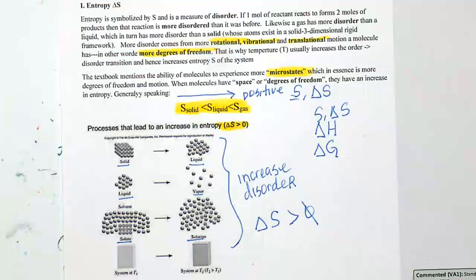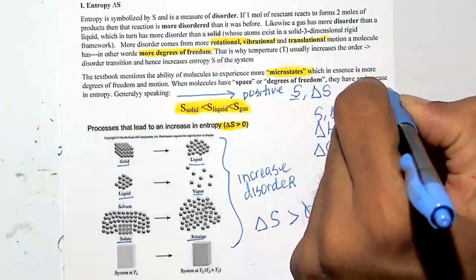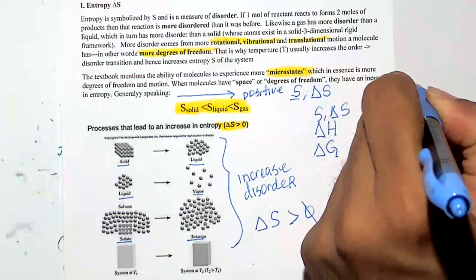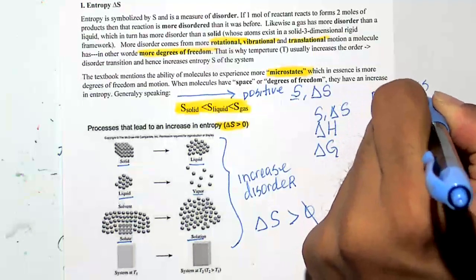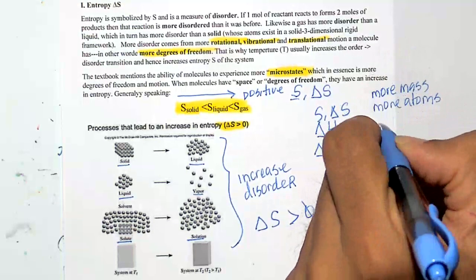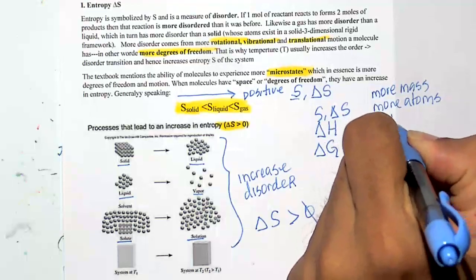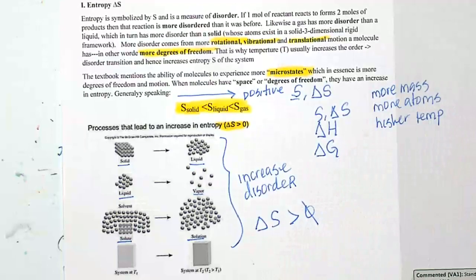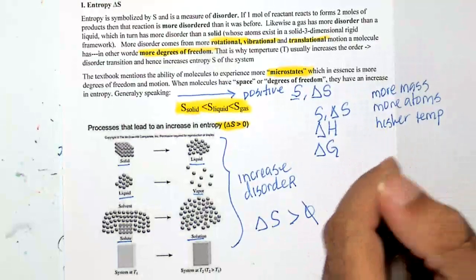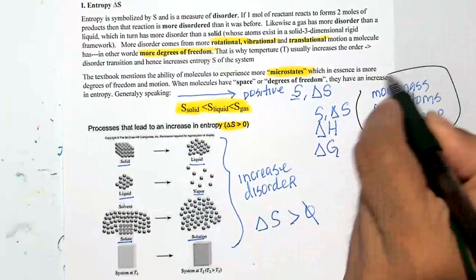All of these are positive entropic contributions. Usually I should also mention more mass, more atoms. Anything where there's more. Higher temperature. I want you to associate all of these with greater entropy. More positive S or more positive delta S.